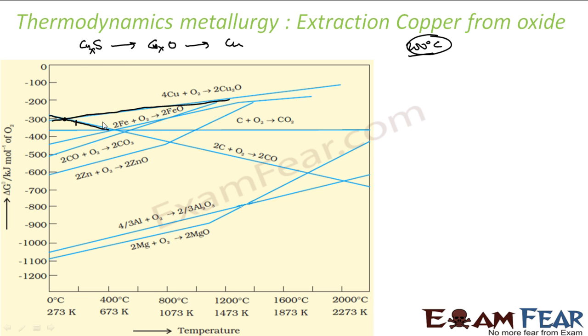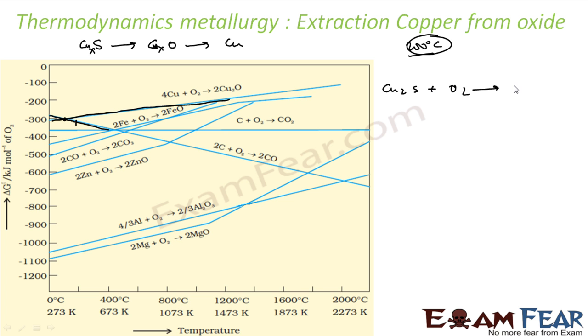Right? So to convert the sulfide to oxide, we need to roast it. During roasting, copper sulfide is converted into copper oxide, and the reaction is this: you have sulfide, you convert this into oxide form, right? The real reaction is Cu2S, copper sulfide, you react with oxygen and you heat it.